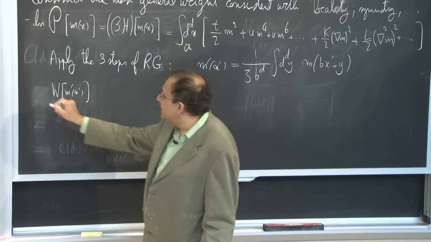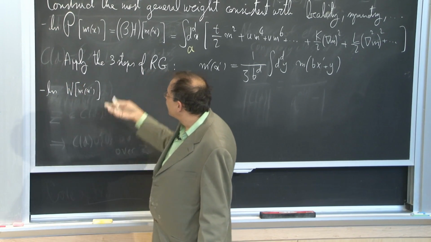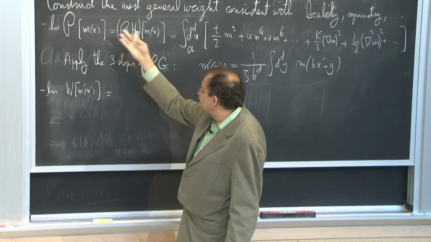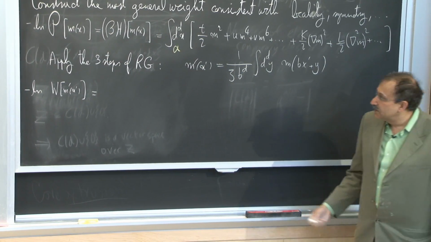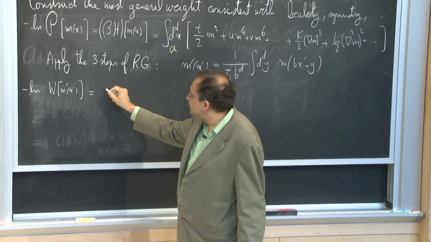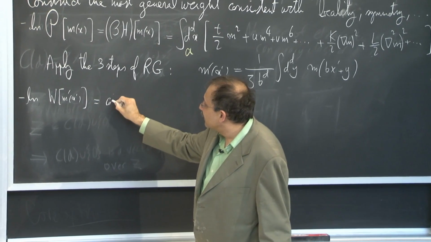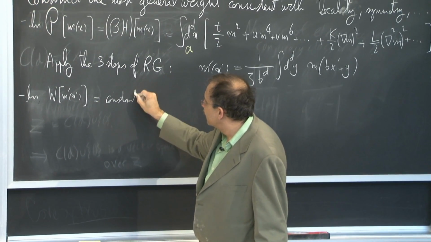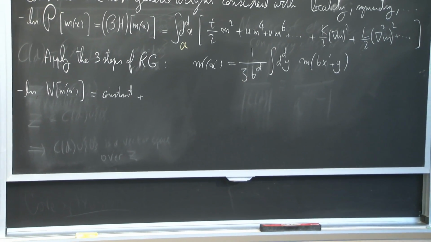I can take minus the log of that, and up to some constant, it will be the same as a probability. There could be in this procedure some set of constants that are generated that don't depend on m, and then there will be a function that depends on m prime of x prime.